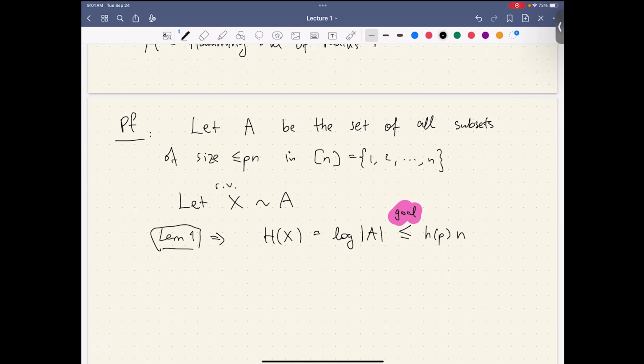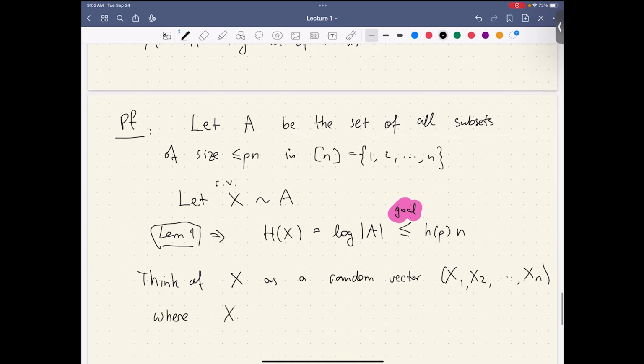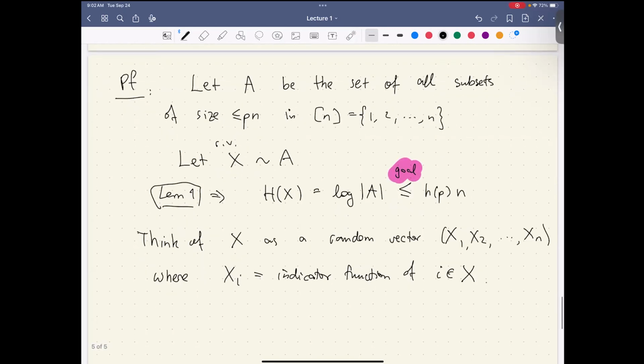All right. To use subadditivity, we should think of this random variable X as a random vector X1, X2, to Xn, where Xi is the indicator function that the element i lies in the set X. What does subadditivity say?